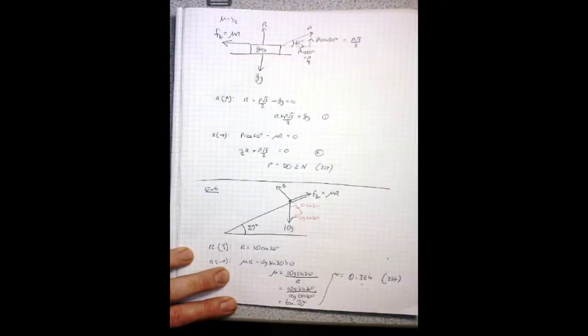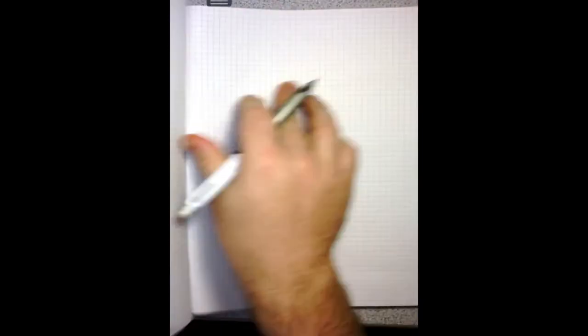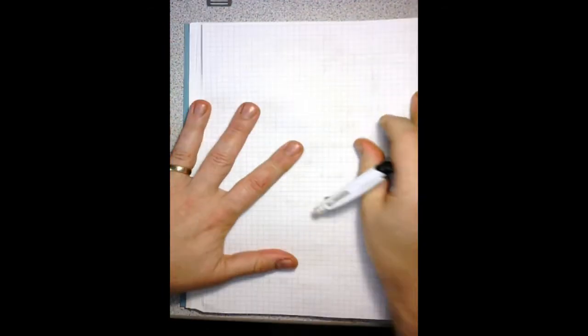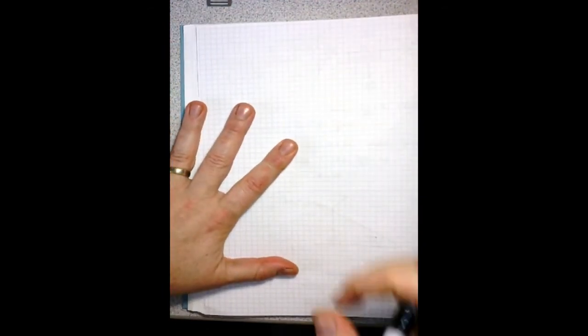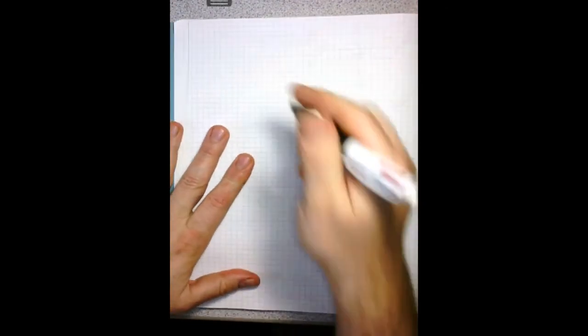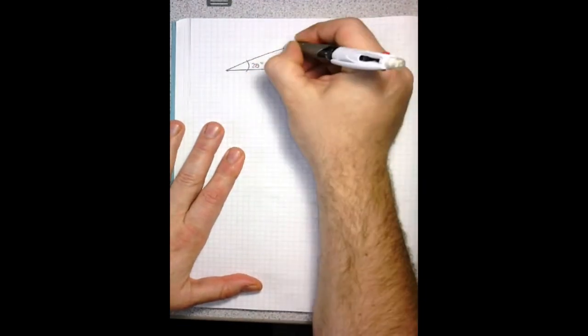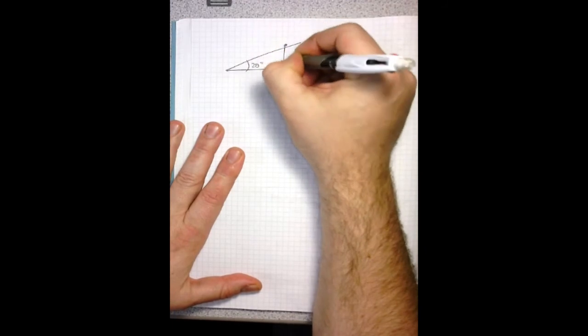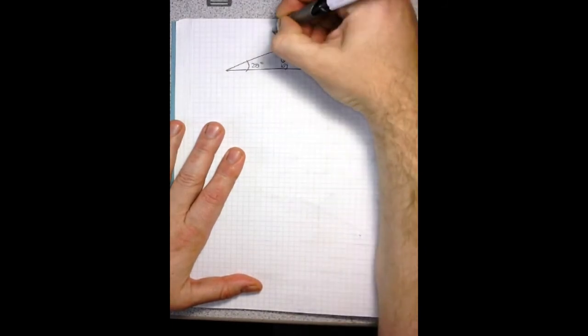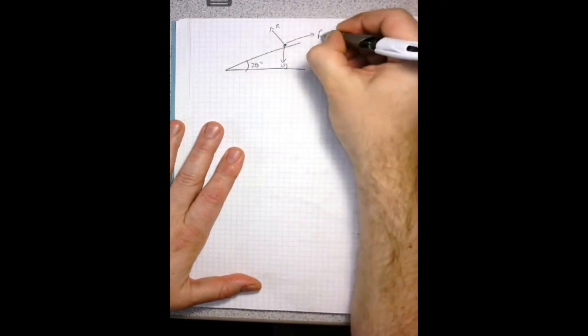Now I'm going to look at part B. Okay, this is an interesting one because, well, let's discuss why. So 20 degrees, same particle, 10g, R, friction.